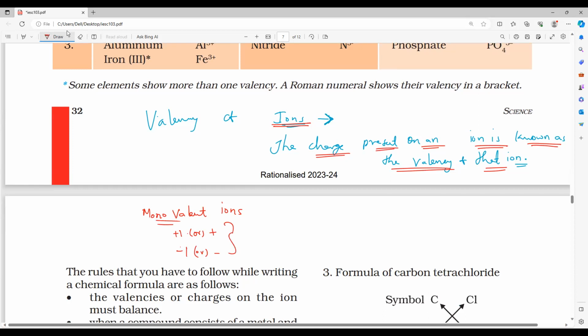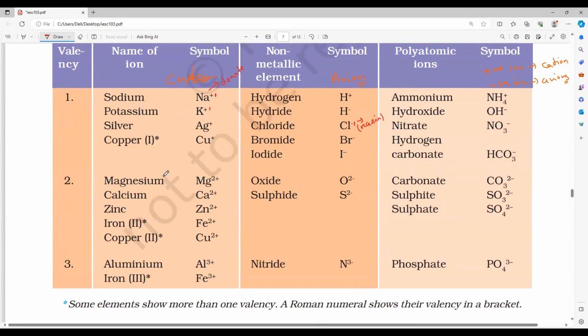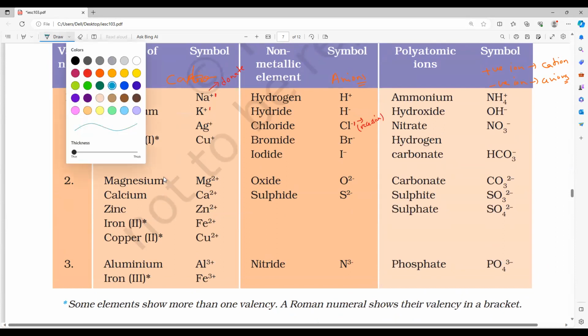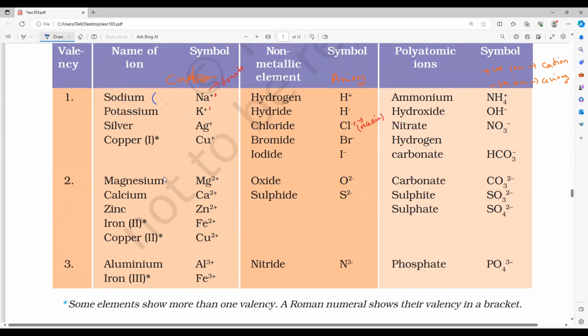This is called monovalent ions. So in the given table, identify the monovalent ions quickly. Sodium, what ion? Mono. Potassium, mono. Silver, mono. Iodine, mono. Hydrogen, mono.